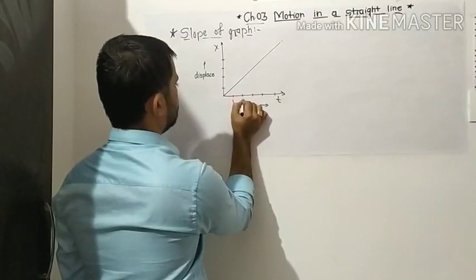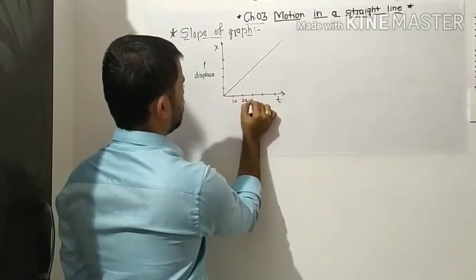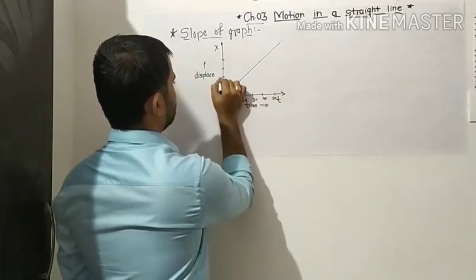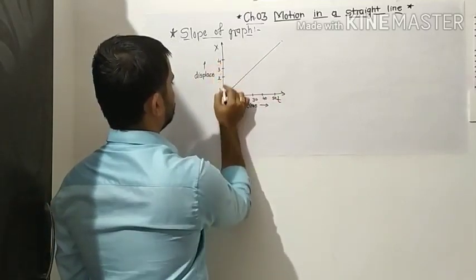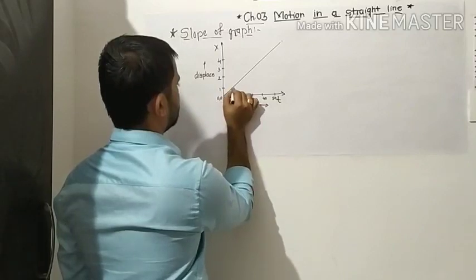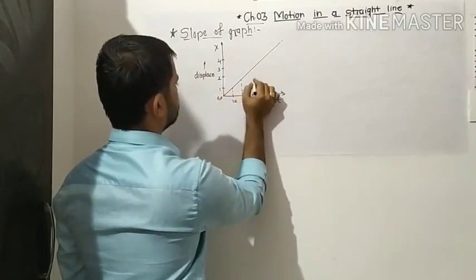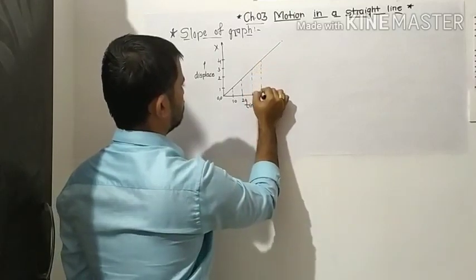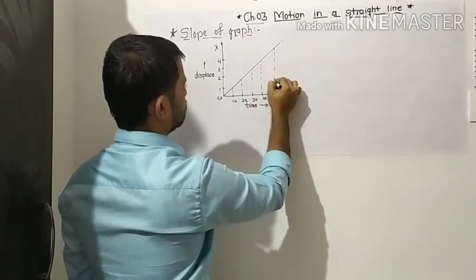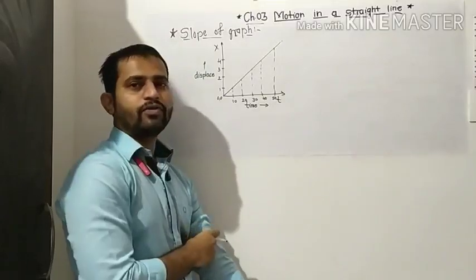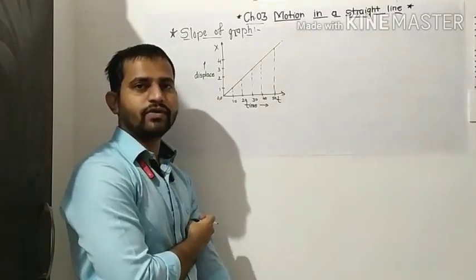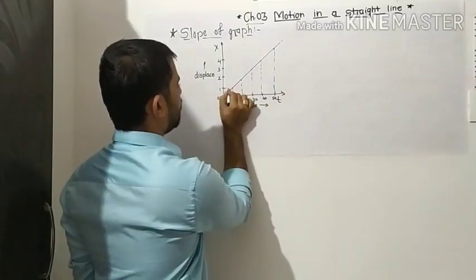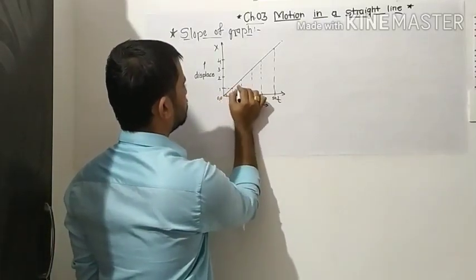Time is 10, 20, 30, 40, 50 and displacement is 1, 2, 3, 4. So if we have to find out the slope of this graph at each and every coordinate, then we have to go for its angle.